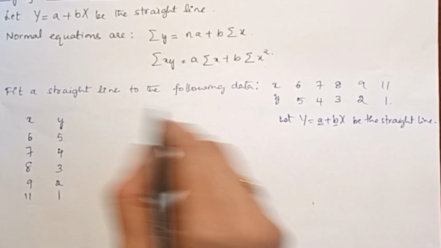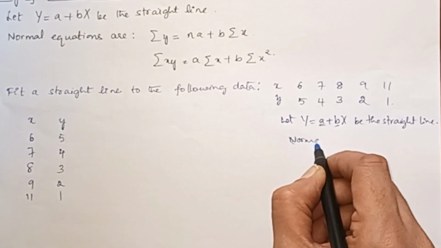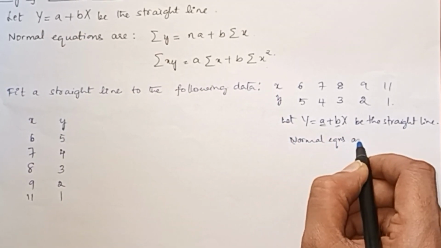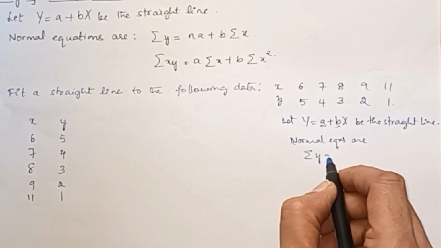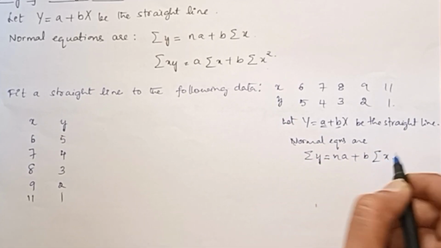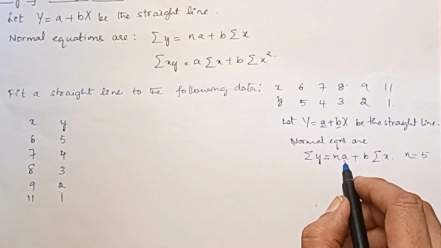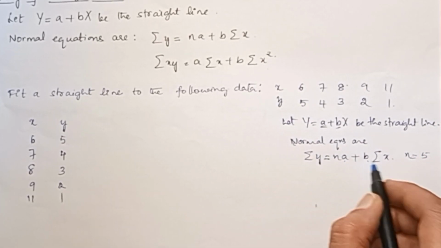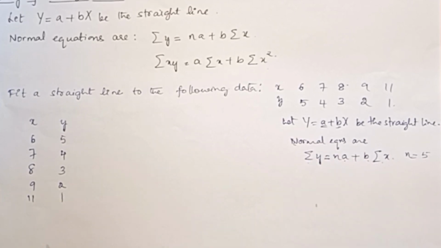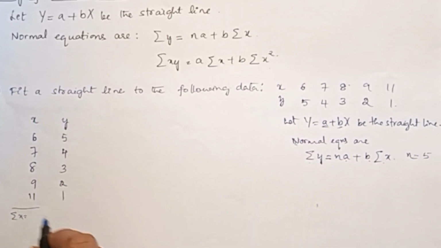Now, as per the formula, normal equations for straight line are summation y equal to na plus b into summation x. N equal to how many data points here? 5. A I have to calculate, B I have to calculate, summation x and summation y. So here this is your x, sigma x means total of x, sigma y means total of y.